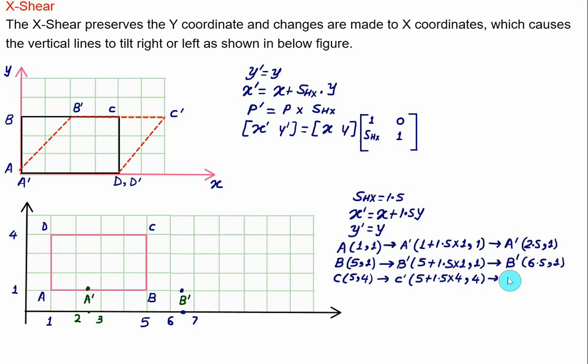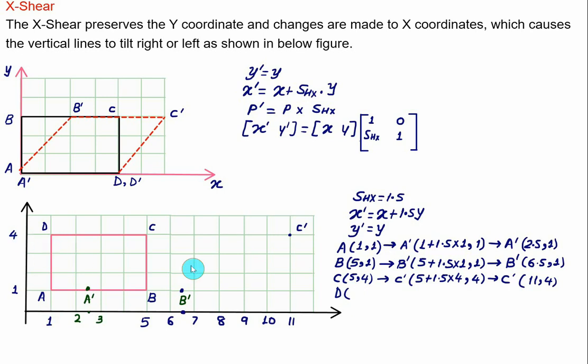So we have C' as 11 comma 4. We have 7, then we have 8, 9, 10, 11. So 11 comma 4. So here we get the position of C'.